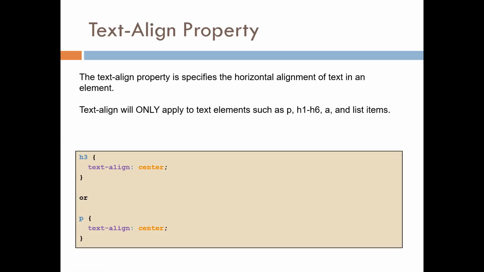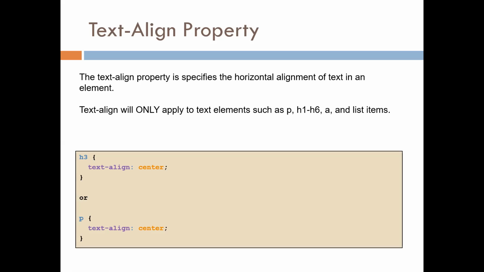For example, if I had LI and then in the curly braces text-align center, the text itself would center in the browser window, but the bullet or the number before it will not, because that is part of the block element, which is the unordered or ordered list. So those have to be done a little bit differently. We won't cover them now, but keep that in mind.